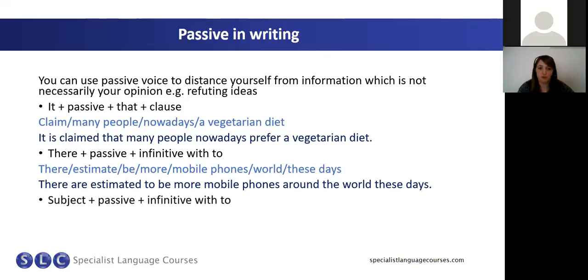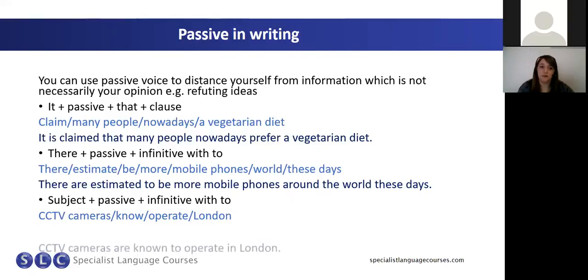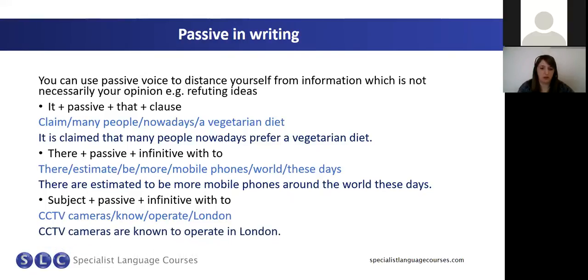The final structure that we can use is a subject followed by the passive and the infinitive. For example, our subject is CCTV cameras. The verb is know and operate, and the place is London. So instead of saying there are many CCTV cameras in London, we can distance ourselves and say CCTV cameras are known to operate in London.